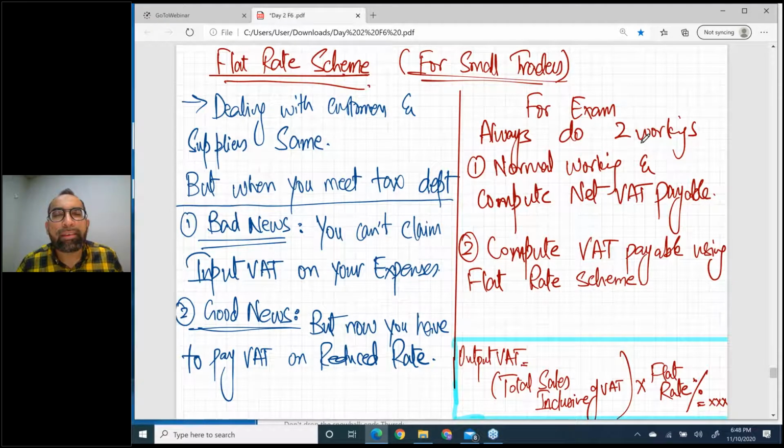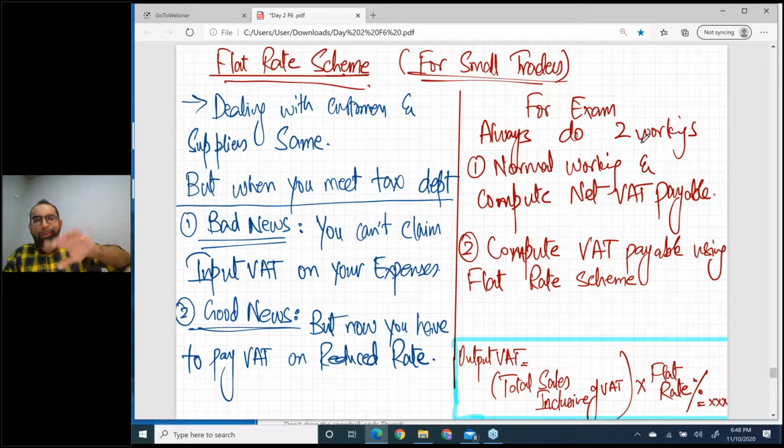But there is good news as well. What is the good news? The output VAT you collected from your customers is 20%, but you will return that output VAT to the government at a lesser rate.